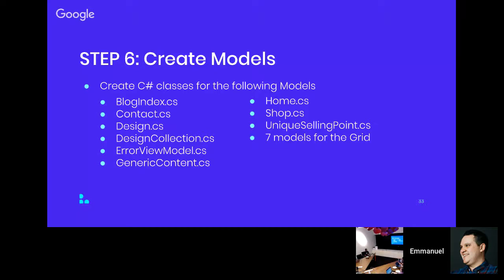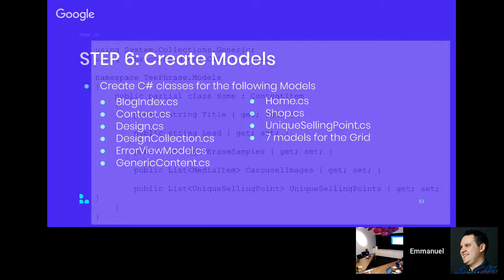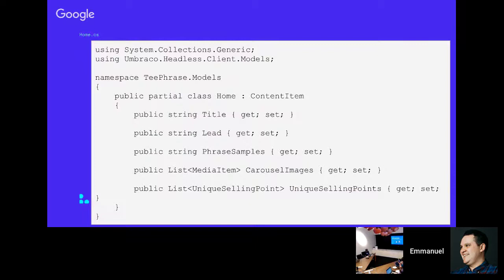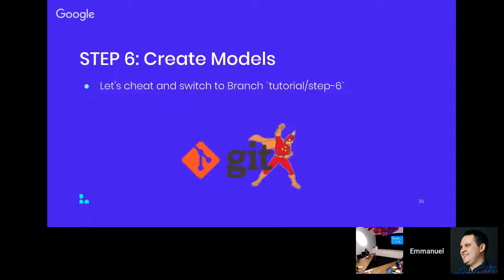There are around 16 there. So we are going to just create one, or we can cheat and switch to the branch tutorial step 6.